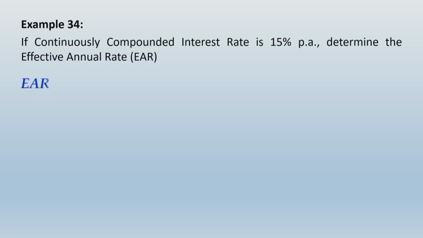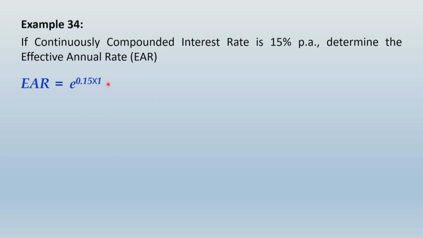So effective annual rate can be computed simply by taking the e raised to RT formula. E raised to RT, e raised to rate of interest for 1 year is 15% and time period is 1 year. Now why is the time period 1 year? Because we have to compute the effective annual rate, so we have to consider the time period as 1 year.